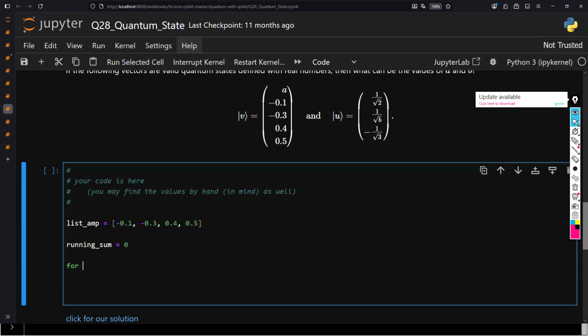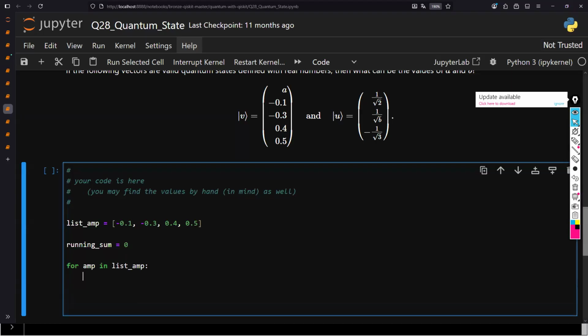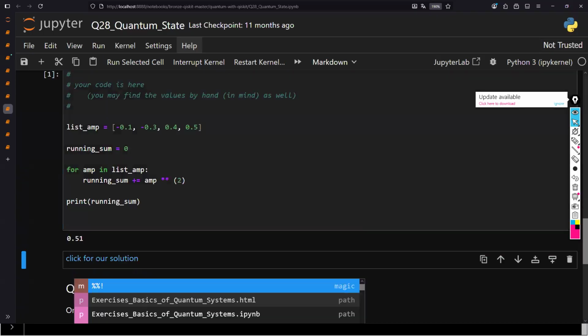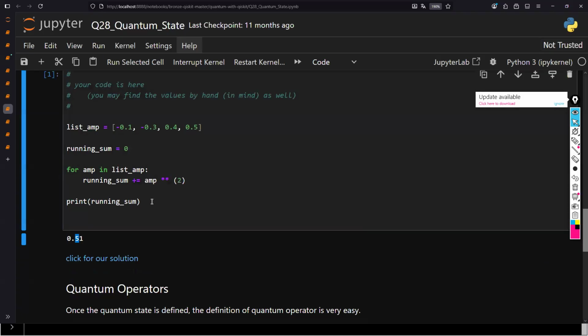So for each amp in the list of amps, when we sum up every single one of them with the amp squared, what do we get? 0.51.